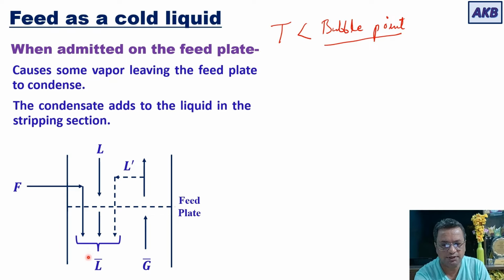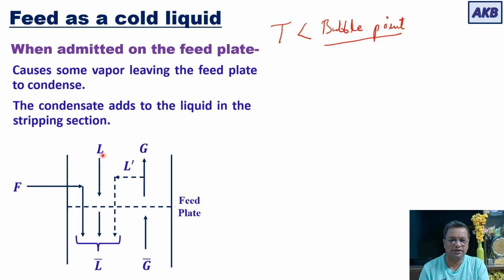Then in the stripping section, the liquid flow will be the addition of these three: the liquid that is coming with the feed, the liquid that is coming from the rectifying section, and the liquid that is resulting due to condensation of some part of the vapor in the rectifying section.